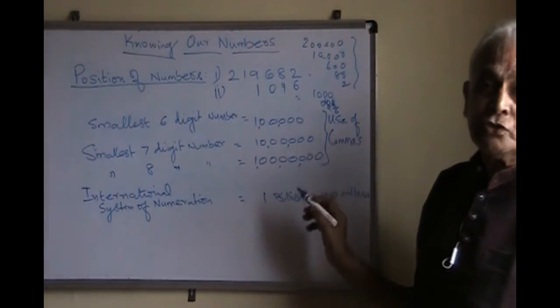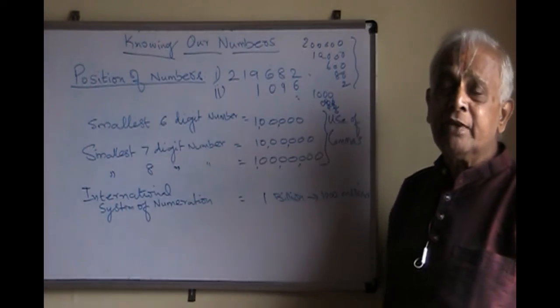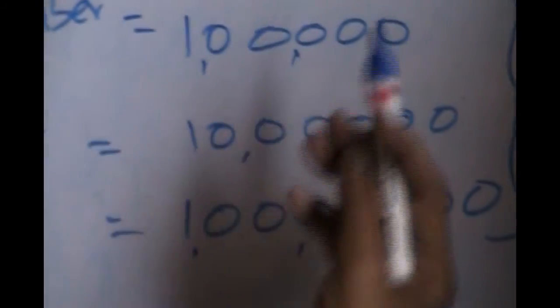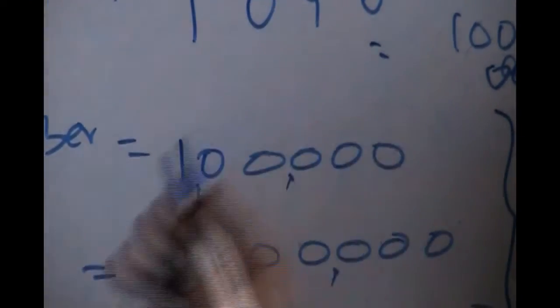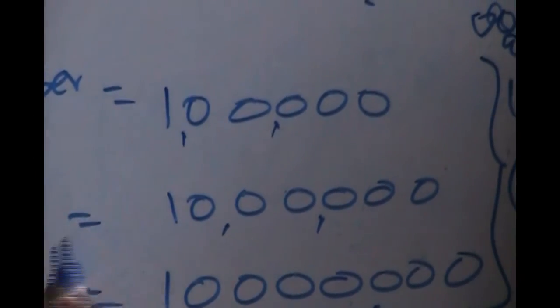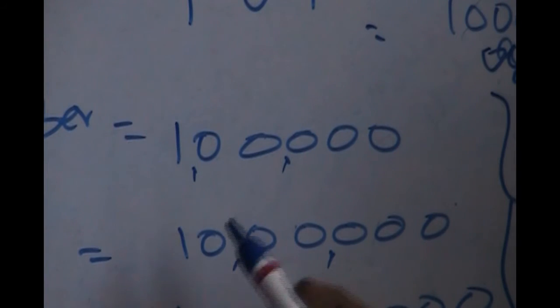In 1 lakh, you mark the first comma after the third zero, and the second comma after 2 more zeros. Similarly, in 10 lakh, the first comma is after the third zero, and the second comma is at the 10 lakhs, with 2 zeros after that.